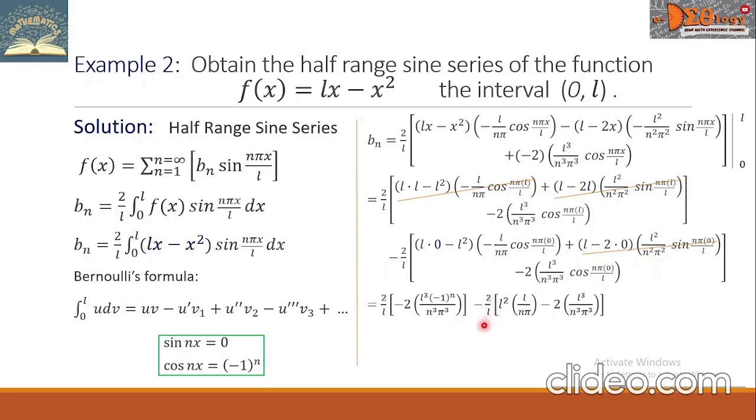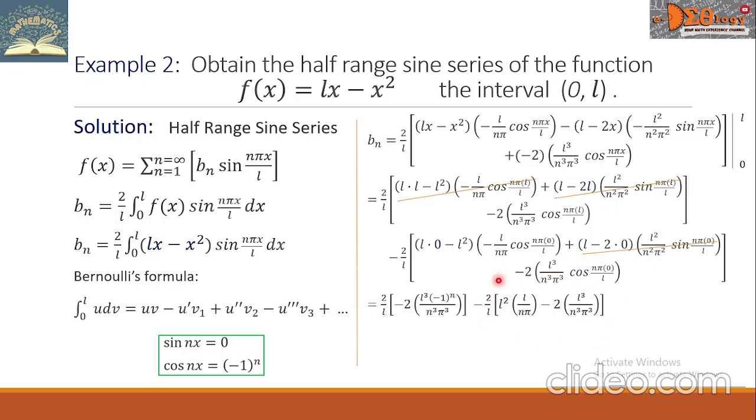This is 2 over L times, in the first group here, we have L squared times L over n pi. Minus, this one becomes 2 times the quantity L cubed over n cubed pi cubed. In the first group here, we can cancel this L in the denominator, and we have L cubed here in the numerator.